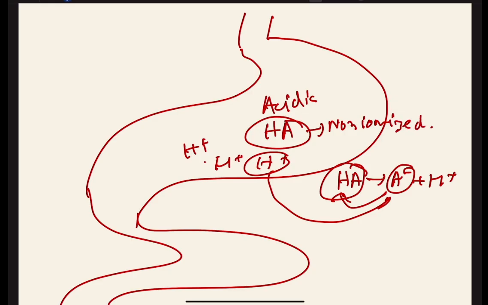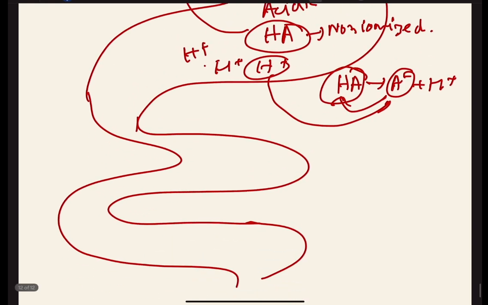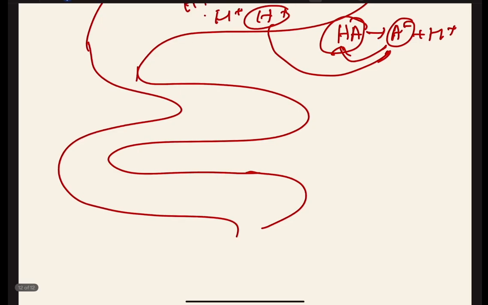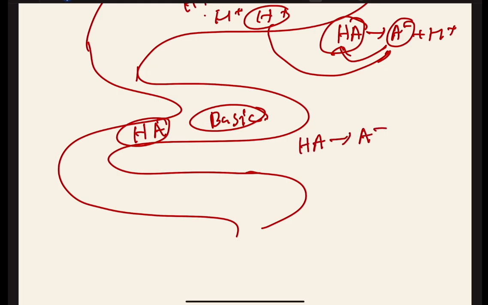And this non-ionized form is more lipid soluble, so it can easily cross the biological membrane and be absorbed into the circulation. But in the small intestine, you have a basic environment. So if this HA drug comes into the small intestine, it will divide into A minus and H plus.